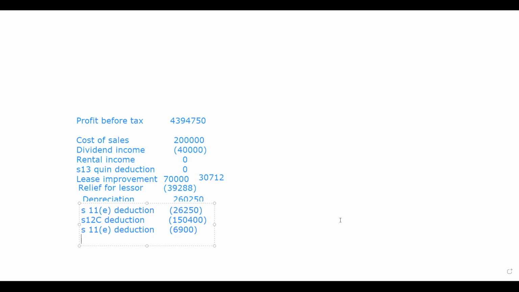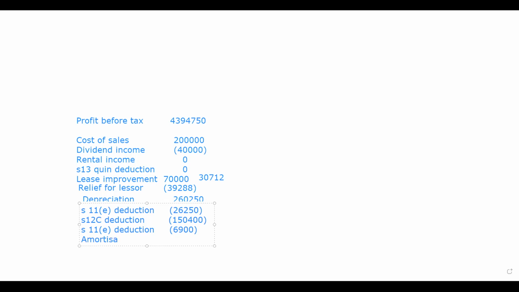We move on here to 5. 5 is restraint of trade. So the first thing we are going to do is put back that 25,000, that amortization, because we are doing tax now, so accounting rules don't really apply here.